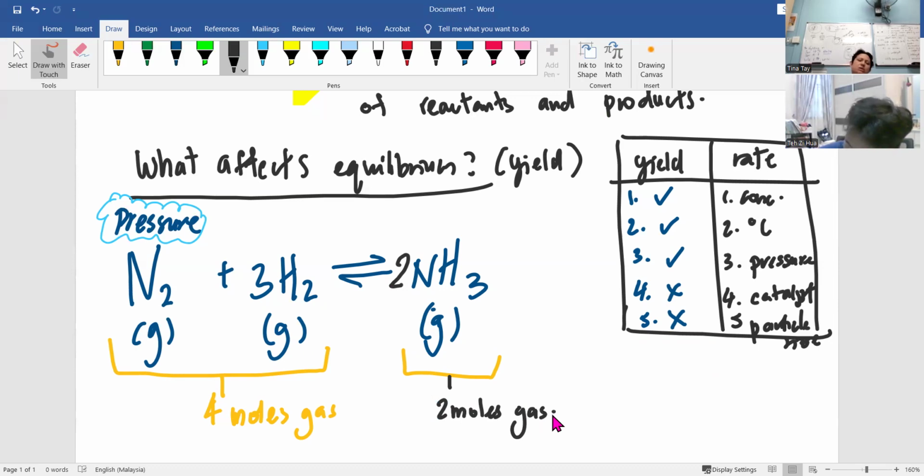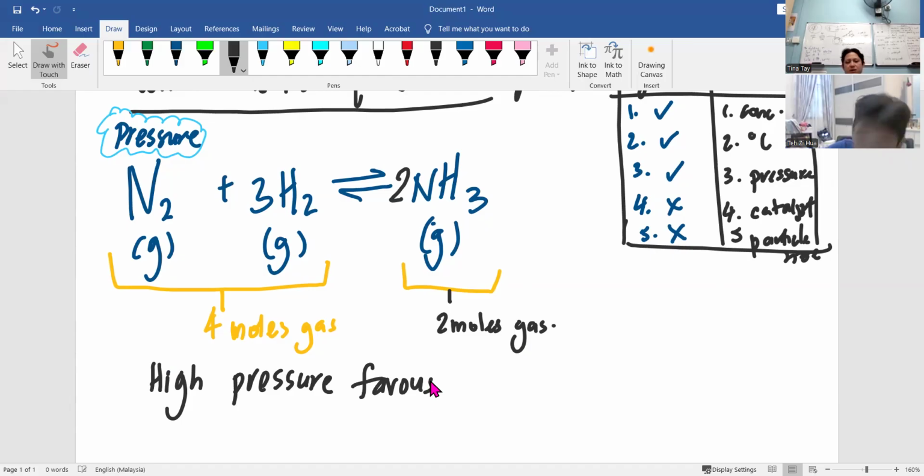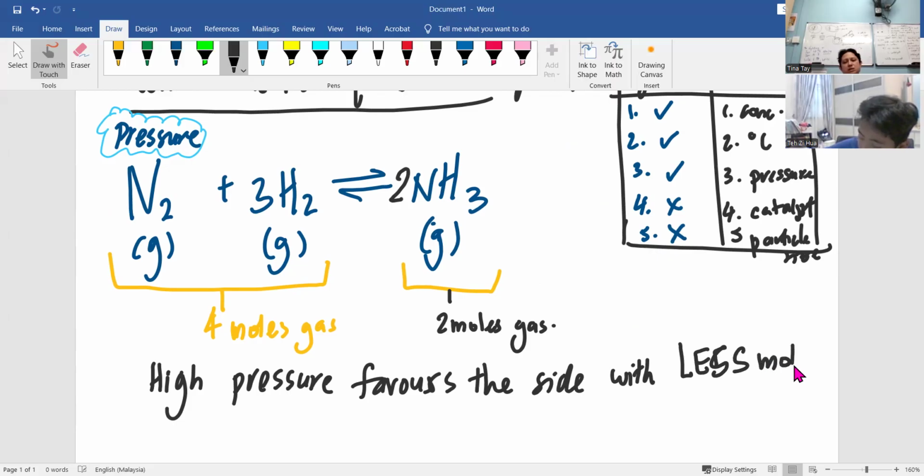So now, if I put high pressure, high pressure favors the side with less moles.